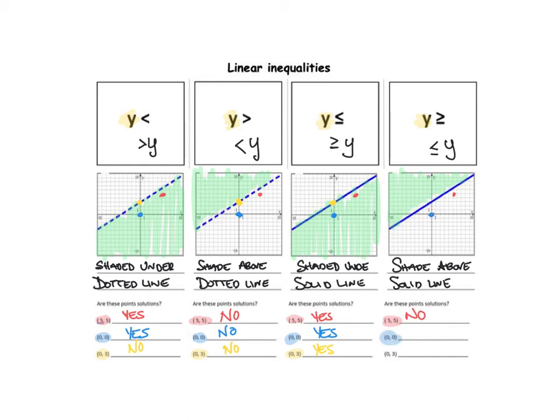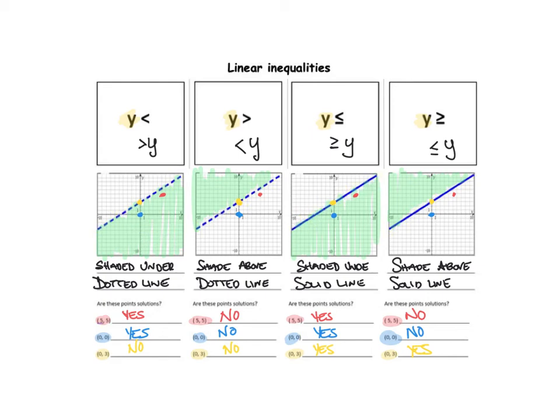Is it part of the solution? No, because it's not in the shaded area. Then we have 0, 3. 0, 3 is right here. This is actually on a solid line, which means yes, it's part of the solution. So for you to find a solution, it's either going to be on the shaded area or on a solid line.